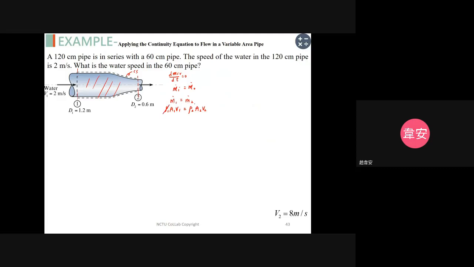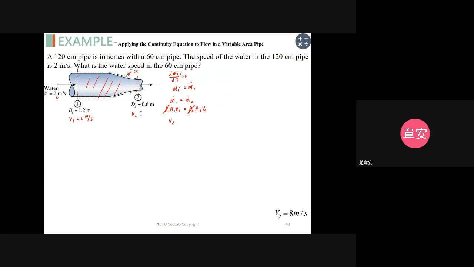So rho 1 is equal to rho 2. For the question, we already know the speed of the water in cross section 1 is 2 meters per second. So V1 is 2 meters per second. The question is, what is the water speed in cross section 2? So we don't know V2.